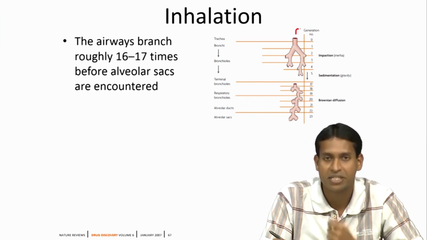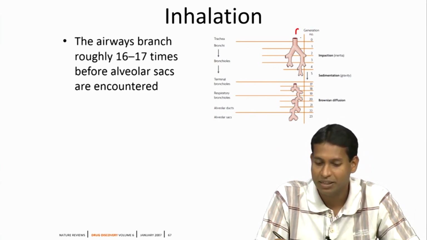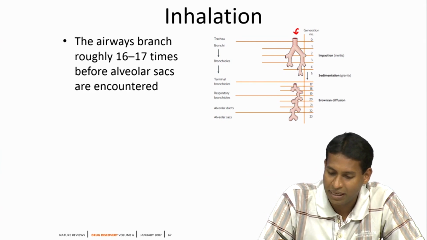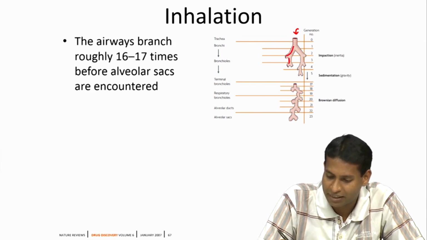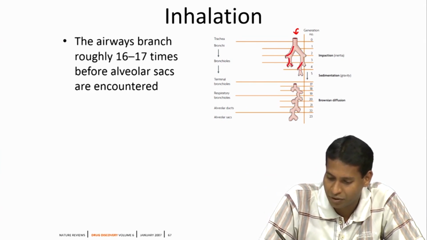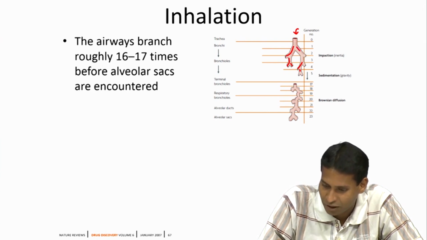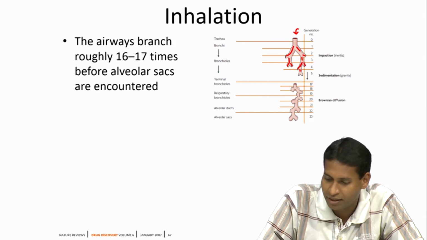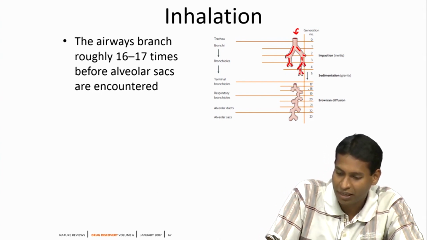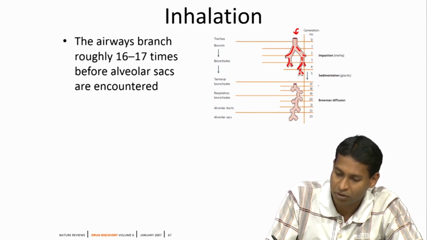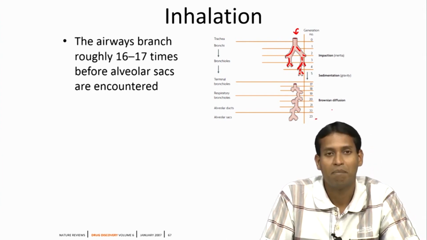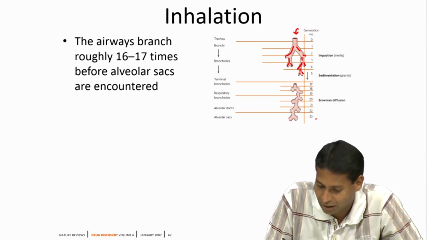This is the trachea, which is in your neck region, and they continue to divide several times. So, this is one division, this is two, this is the third, this is the fourth, this is the fifth division. This is going to continue all the way up to 17 to 23 times before it actually reaches the final alveolar sac.